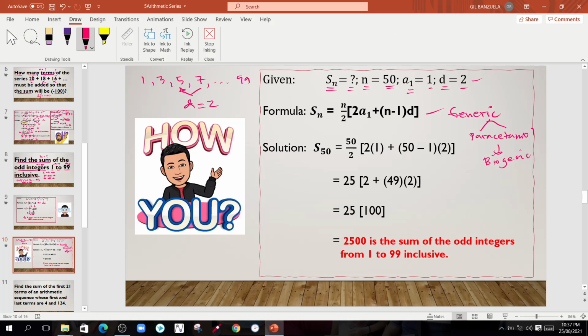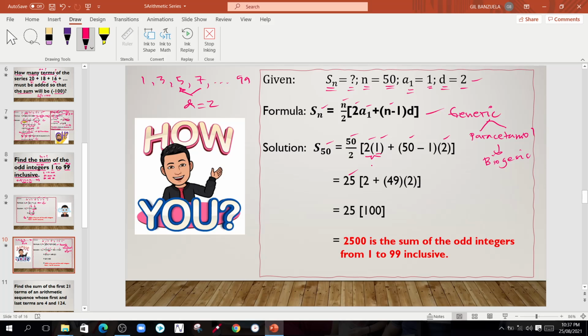Okay? Ayan. So, ready na tayo mag-plug in. So, palitan natin lahat ng n ng 50. Ayan. So, lahat yan 50. Kung makikita ninyo. Then, twice ng first term. So, yung first term natin ay 1. Ayan. Pinalitan lang natin siya. Then, yung common difference natin ay 2. Ayan na. So, let's simplify. Then, 50 divided by 2, that is equal to 25.